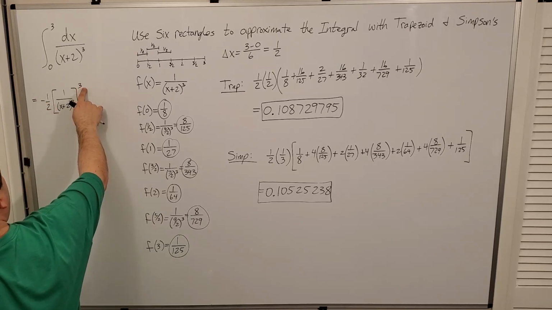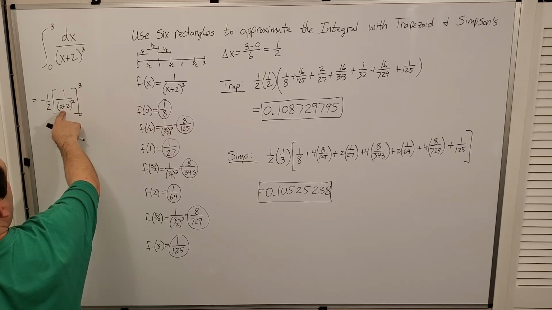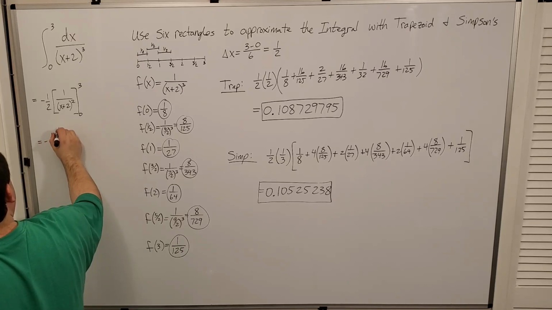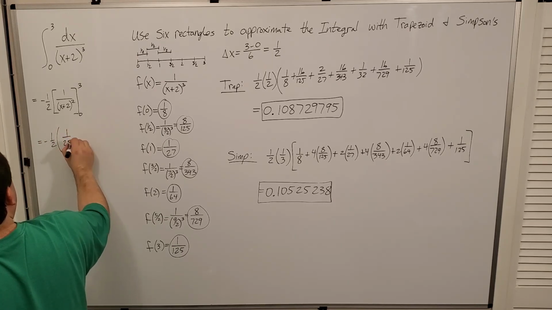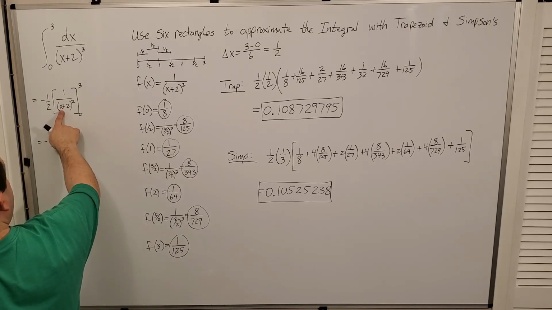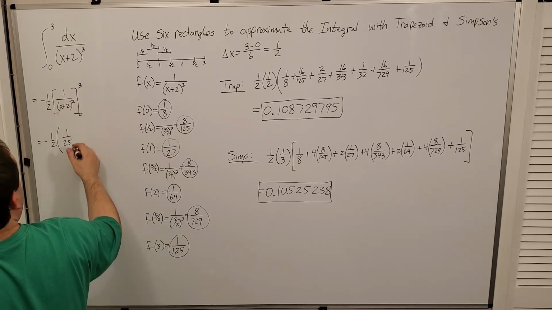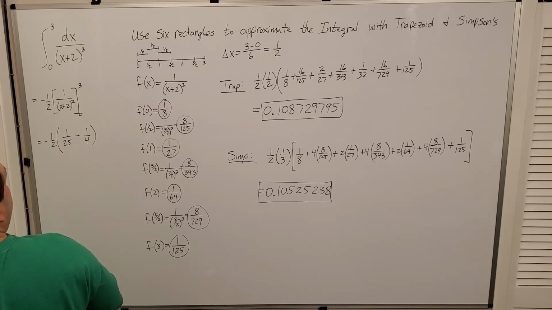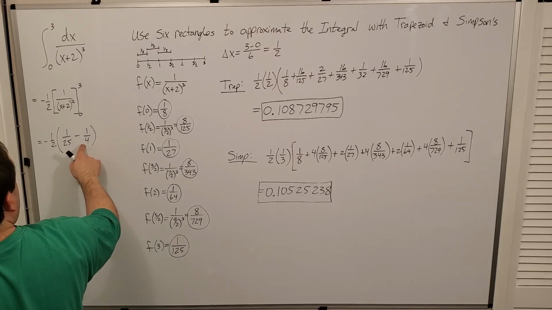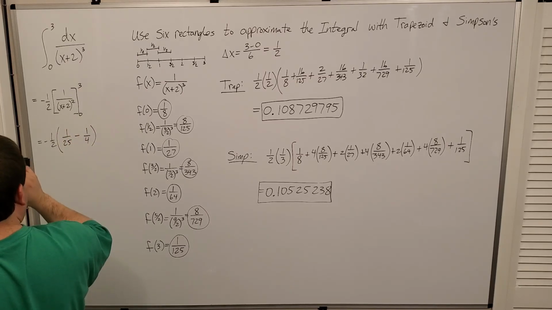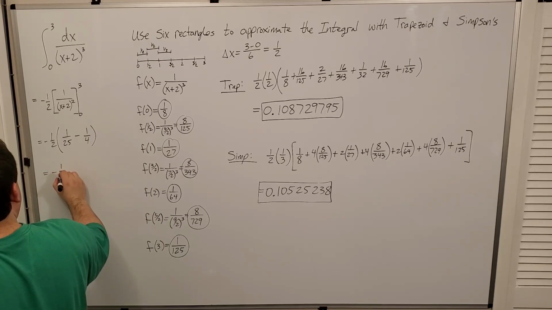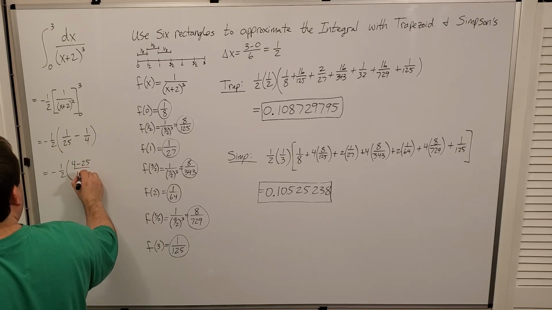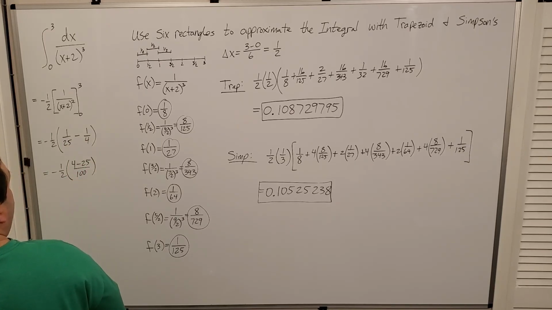Of course, when I plug in 3, right, I get 5 squared. So -1/2 times 1 over 25. If I plug in 0, I get 2 squared, which is 4. So -4 like that. Okay? So then I've got 4 minus 25 over 4 times 25, which is 100, like so.